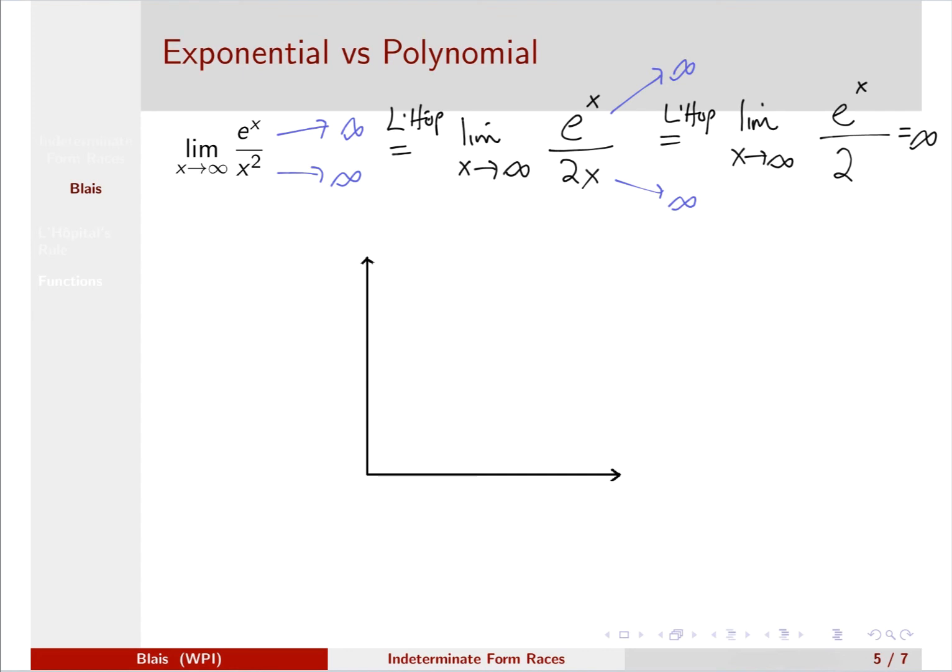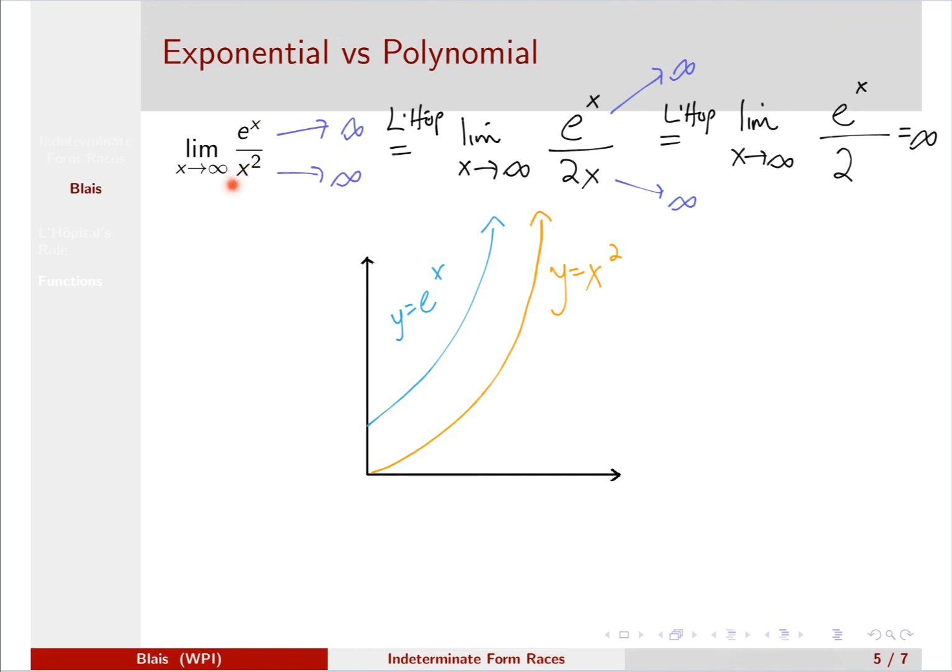So when we're looking at these graphs, y equals x squared, and say y equals e to the x, on this scale it's not as clear. But we know from this result, both are racing to infinity as x goes to infinity. But this result tells us that the exponential is dramatically outpacing the polynomial.